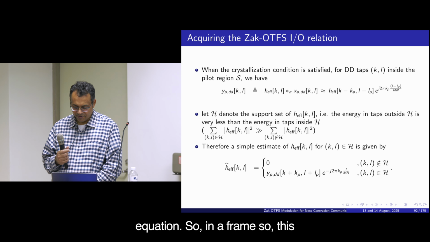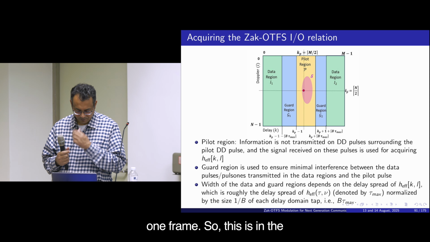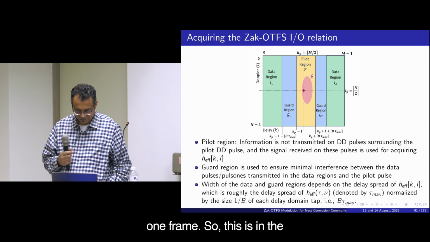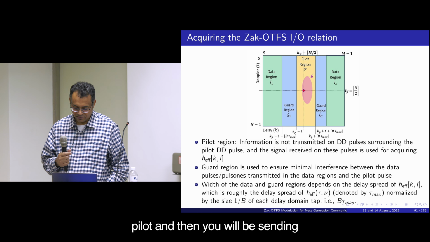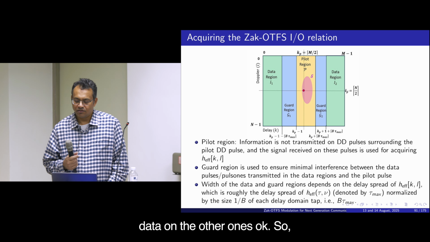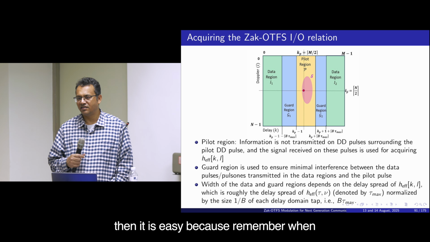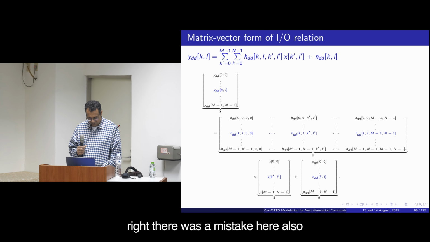In a frame, so what I have shown here is basically one frame. So this is in the discrete Doppler domain, right? This is your pilot, and then you will be sending data on the other ones. Okay. So once you are able to estimate this, then it's easy, because remember, when you look at the matrix vector formulation, right? There was a mistake here also.